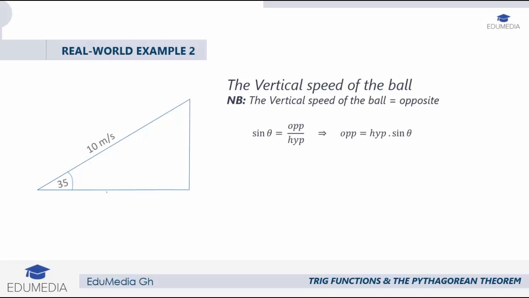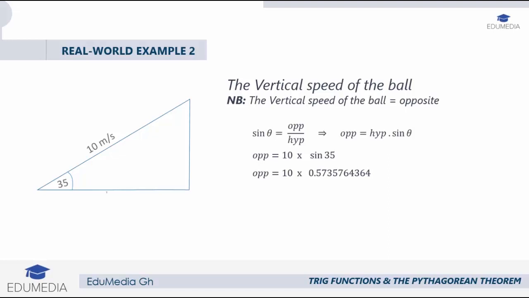All right, so when you do the change of subject, we have opposite equals hypotenuse times sine theta. Okay, so when you substitute, you know very well the hypotenuse is 10, and the theta there is 35 degrees. So you substitute 10 times sine 35, that gives us 10 times 0.5735764.